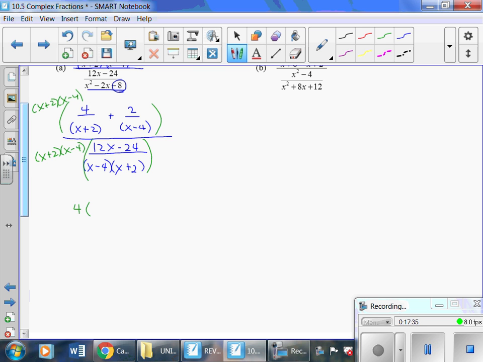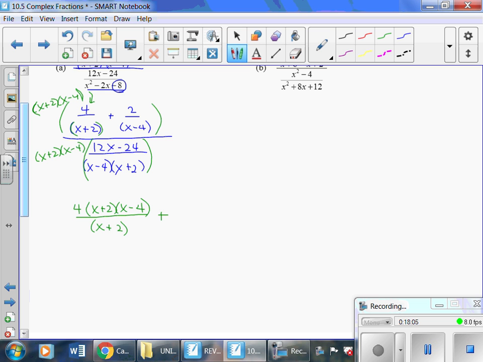So in the top part, the numerator of my big fraction, I have 4 times x plus 2, x minus 4, all over x plus 2. You with me so far? So all I did was take my common denominator right here and multiply it by this 4. And then I kept my x plus 2 in the denominator.